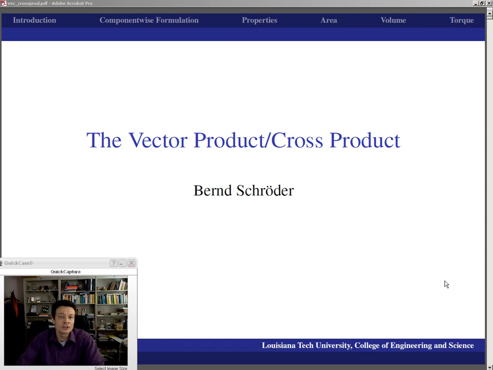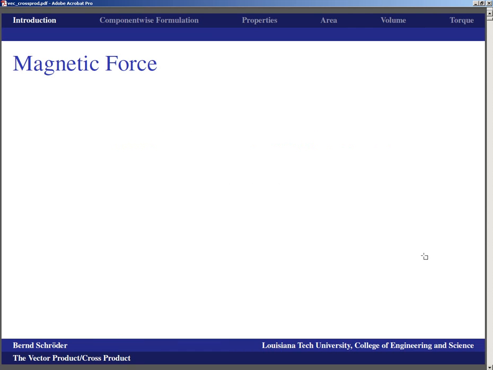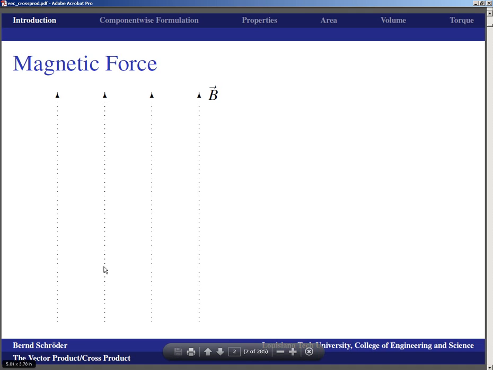In fact, we're going to start with a physical motivation, which is the following. Think of magnetic force, which is basically what makes electric motors work. Even if you haven't had electricity and magnetism as a class yet, a magnetic field generated by a permanent magnet or by an electromagnet is basically a set of vectors permeating space.